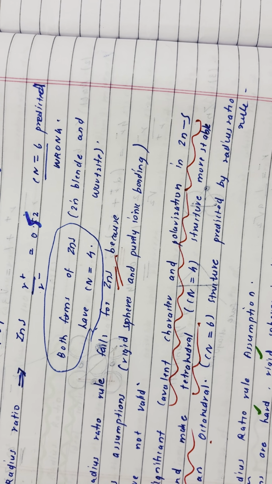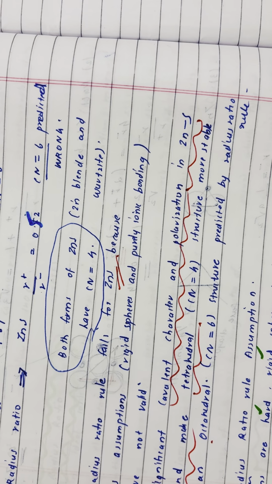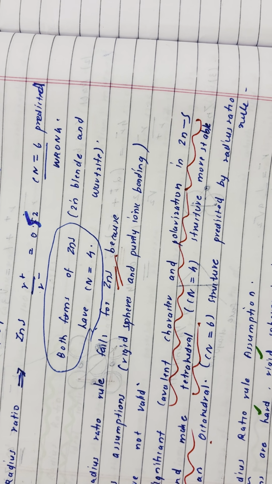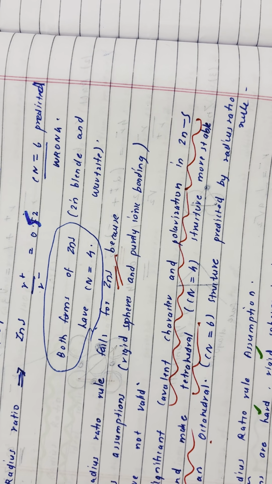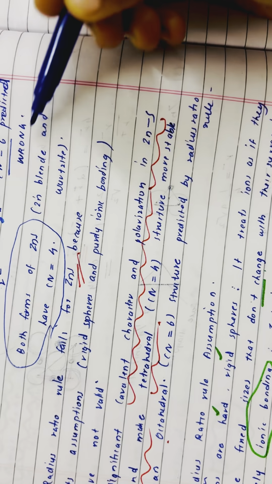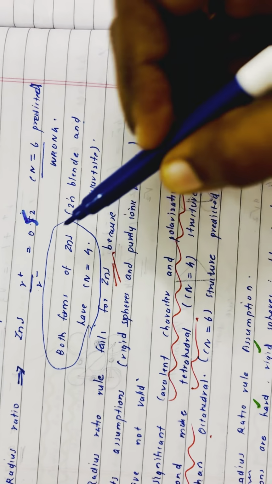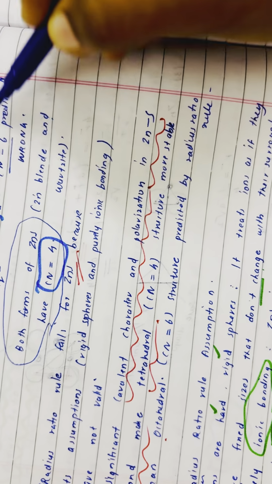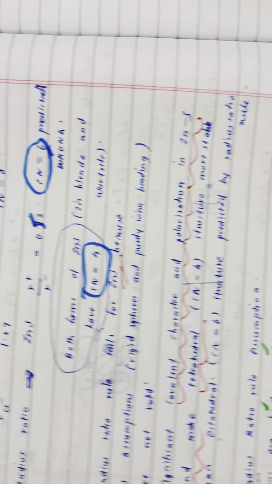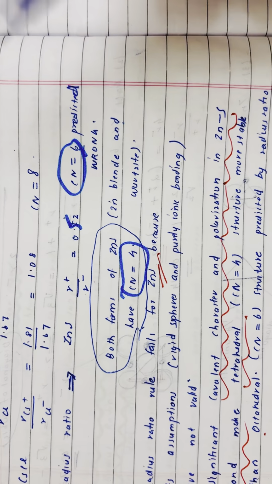So what coordination number should it be according to this rule? It should be an octahedral structure. But zinc blende and wurtzite have a coordination number of 4. The predicted coordination was 6, but it is not correct.